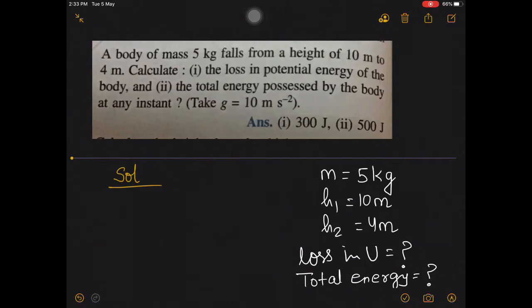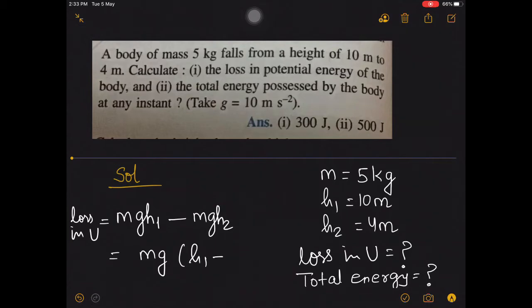So see here, when the body was at height h1, its potential energy according to the formula will be mgh1. When the body drops to height h2, its potential energy will be mgh2. So loss in potential energy, how will we get it? We will subtract. Loss in potential energy, let us take mg common, h1 minus h2.